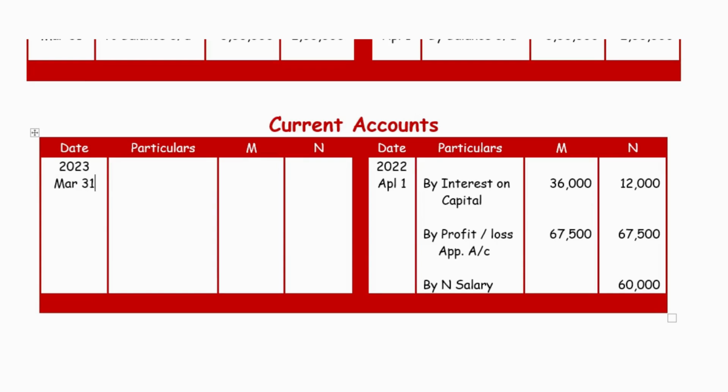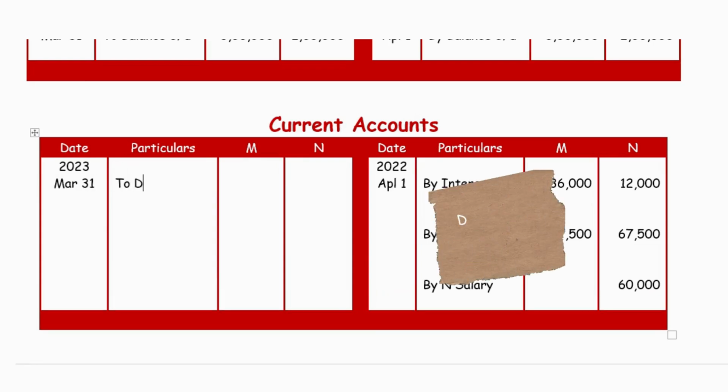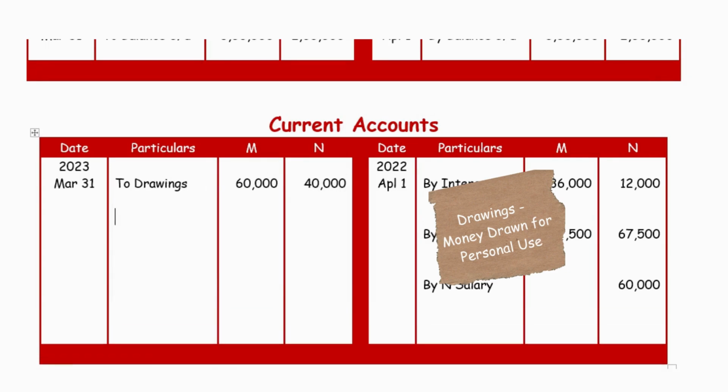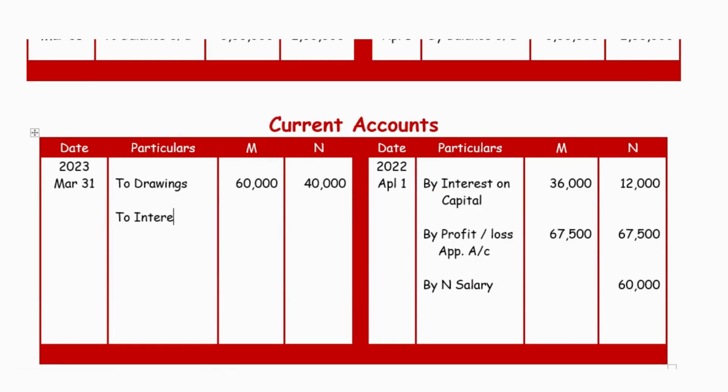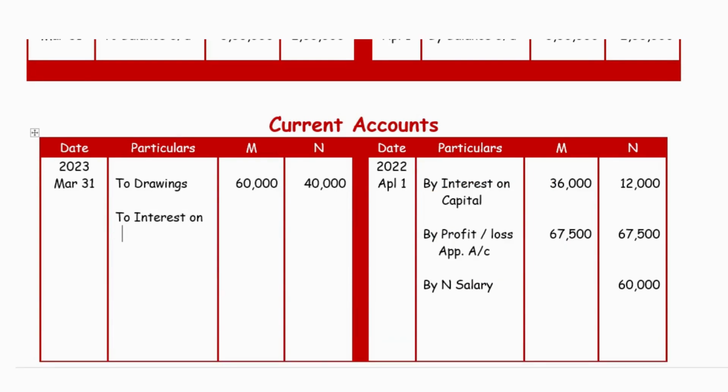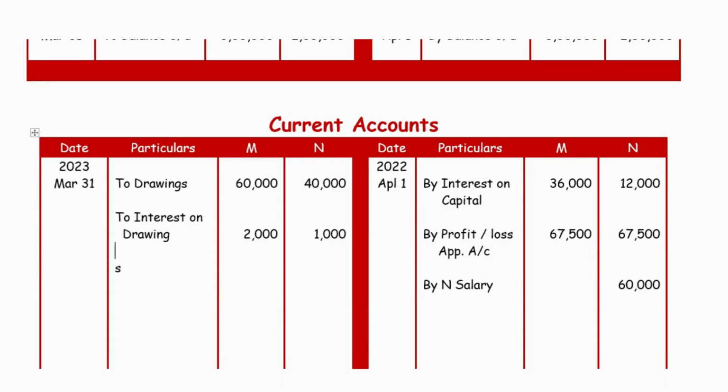Now on the debit side, we have drawings. Drawings is the money taken by the partners for their personal use, and after some period of time it will be returned to the firm along with interest for the duration. Interest on drawings is an expense for the partners and an income for the firm, and it is 2,000 for M and 1,000 for partner N. Then the difference amount on the debit side.